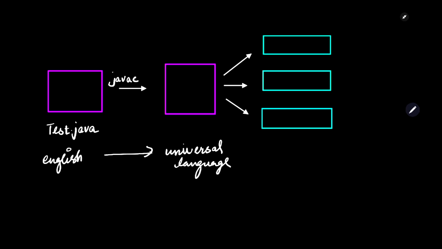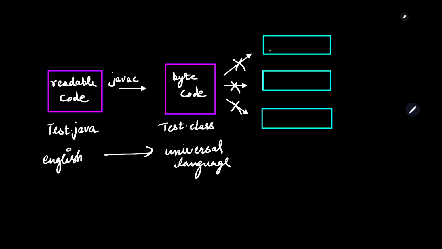The Java compiler takes your readable code and converts it into something called bytecode. This bytecode is stored in a .class file and it is not tied to any operating system.